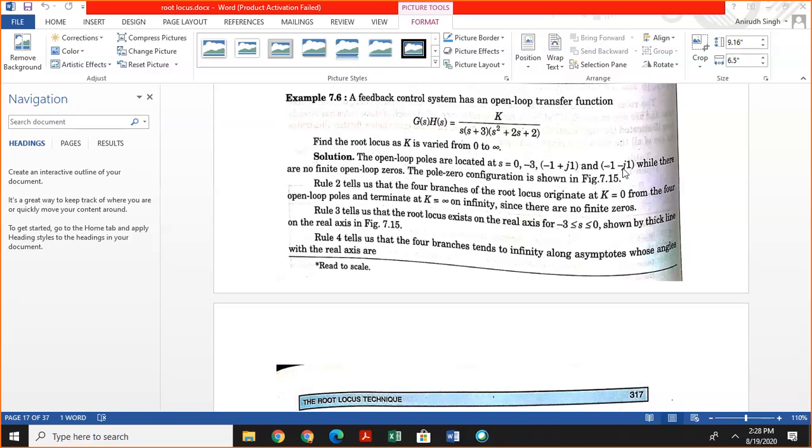Since there is no open loop zero, there are 4 branches of root locus, and all these branches tend to infinity. All these 4 branches originate at k equal to 0 and terminate at k equal to infinity.